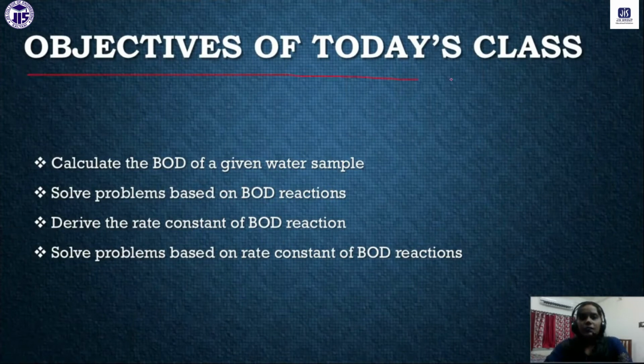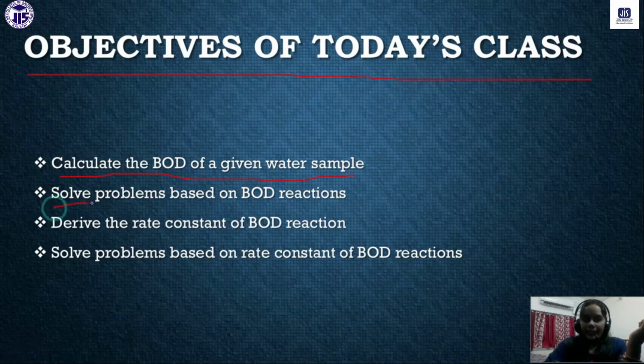So these are the objectives of today's class. First, we will calculate the BOD of a given water sample. Next, we will solve some problems based on BOD reactions. The third objective is to derive the rate constant of the BOD reaction.